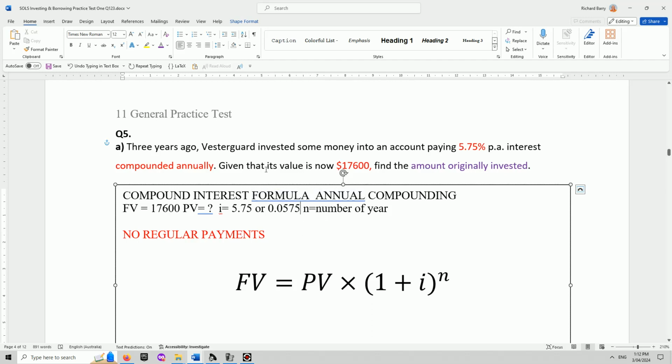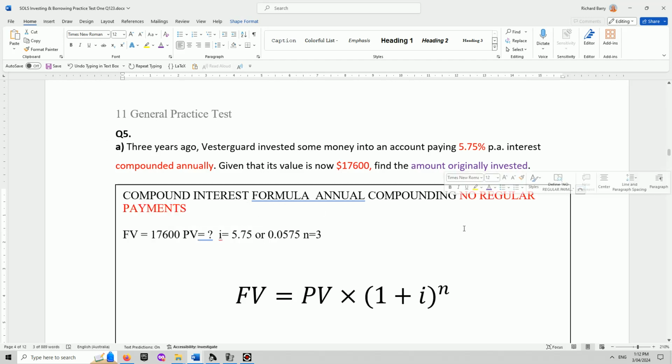The number of years is 3. Tricky, the years are up here, right? It's compounding annually, so this is the one, and there are definitely no regular payments in this question.